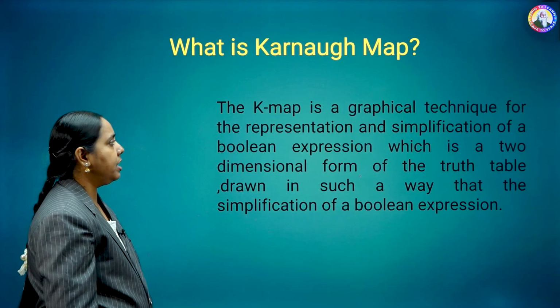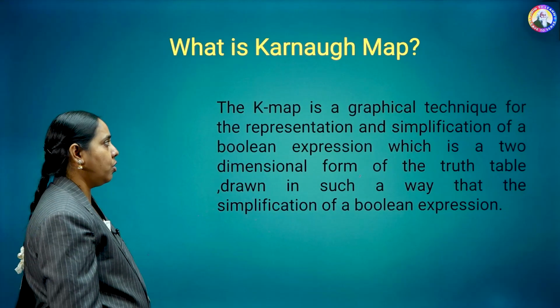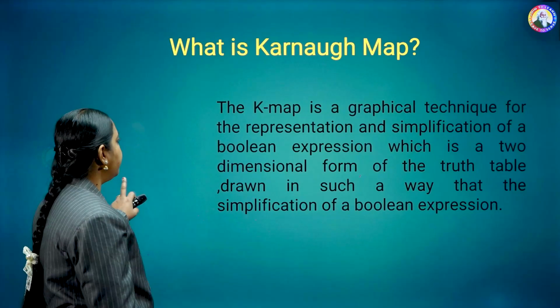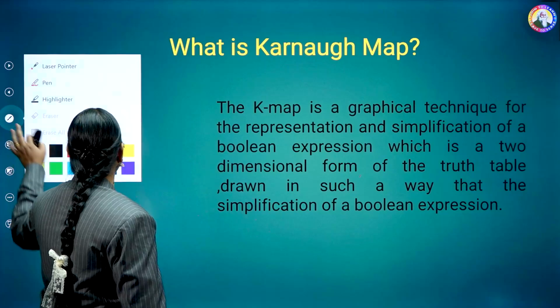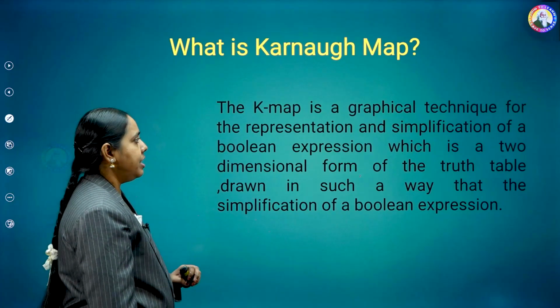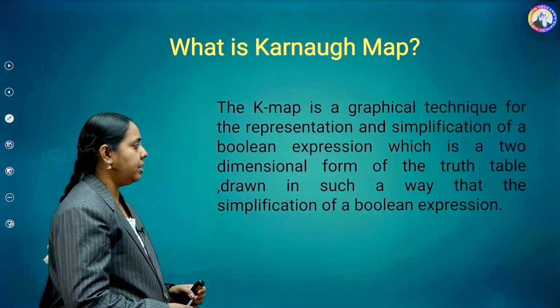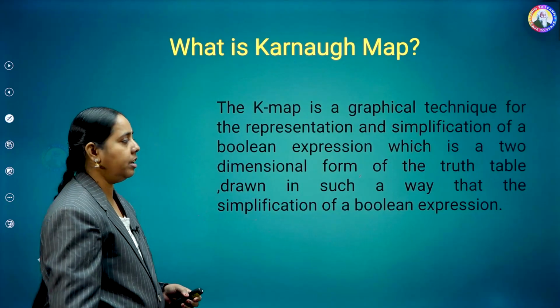The K-map is a graphical technique for the representation and simplification of a Boolean expression, which is a two-dimensional form of the truth table, drawn in such a way that it simplifies a Boolean expression.